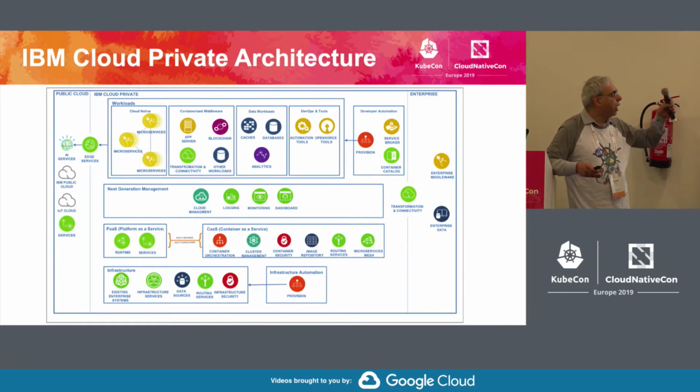And then we're supporting a variety of middleware, whether it's cloud native or containerized middleware, or for blockchain or app servers and so on, data workloads, and a lot of the DevOps tools like Jenkins and those kinds of things, all enabled on this platform, right?